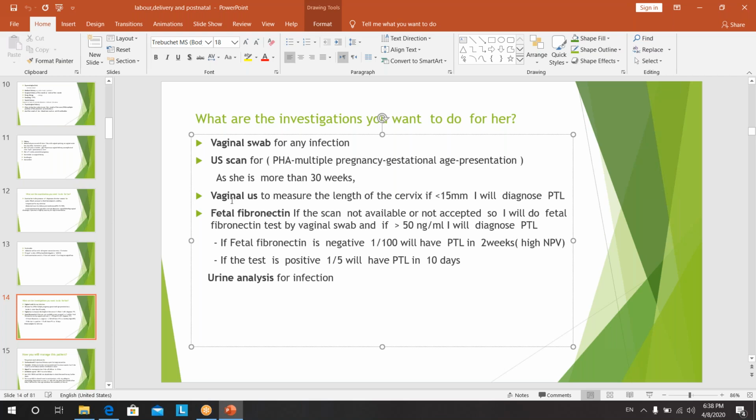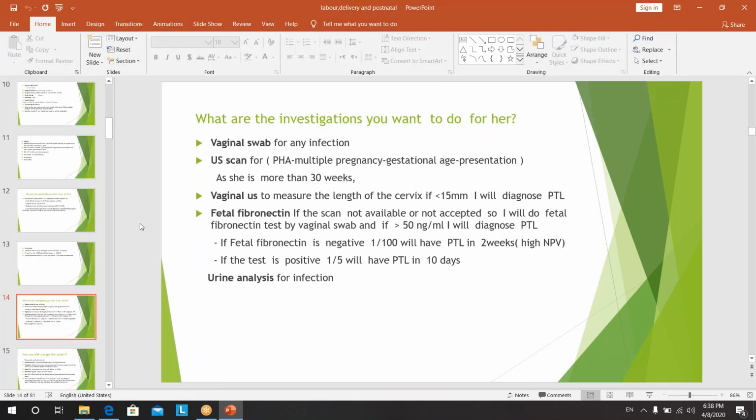The most important investigations to diagnose preterm labor are the vaginal ultrasound and the fetal fibronectin. And we can also check for any infection by vaginal swab and urine analysis, and abdominal ultrasound to exclude risk factors like multiple pregnancy and polyhydramnios, and check the presentation and the gestational age of the patient.